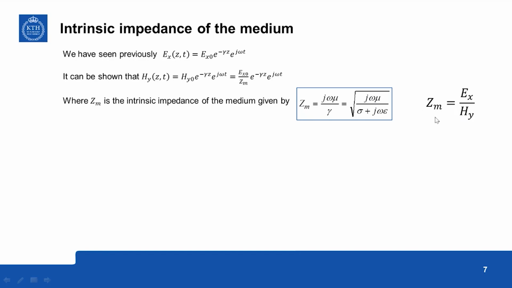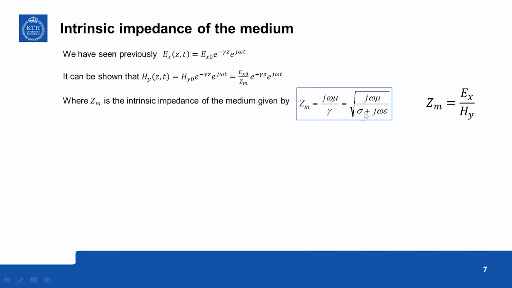But even without using this, you can manipulate these equations and find that H is given by E_x by Z_m, and Z_m equals j omega mu divided by gamma, the propagation constant.